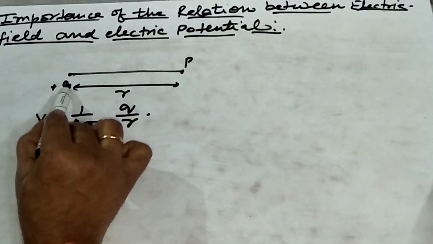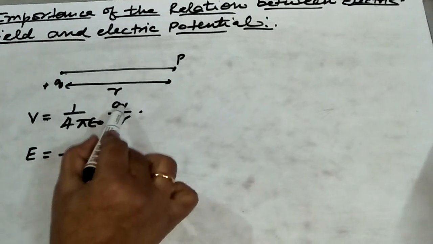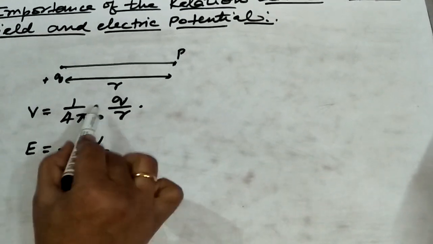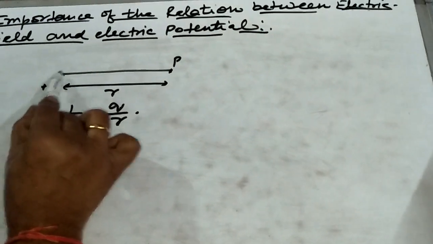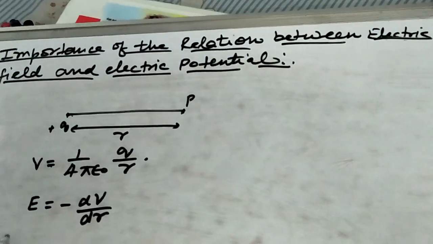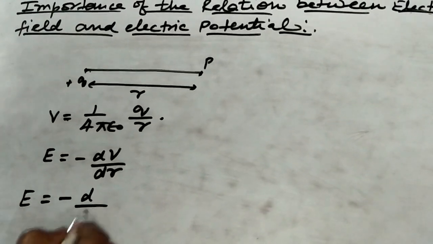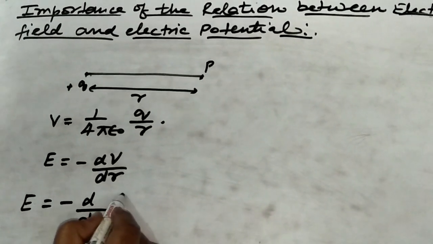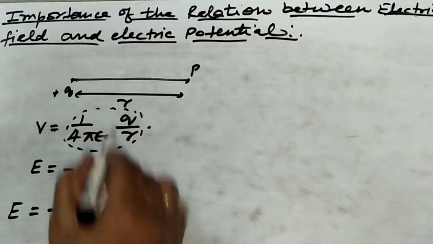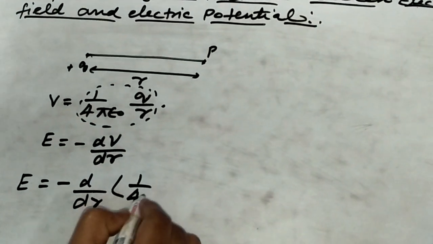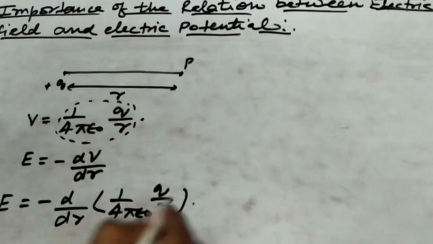And you know the potential due to this charge plus Q at point P is V is equal to 1 upon 4 pi epsilon naught Q by R. So by using these two relations, we can find the electric field due to this charge plus Q at point P. So simply you can say here E is equal to minus d dr, and in place of V write down the whole term 1 upon 4 pi epsilon naught q by r.